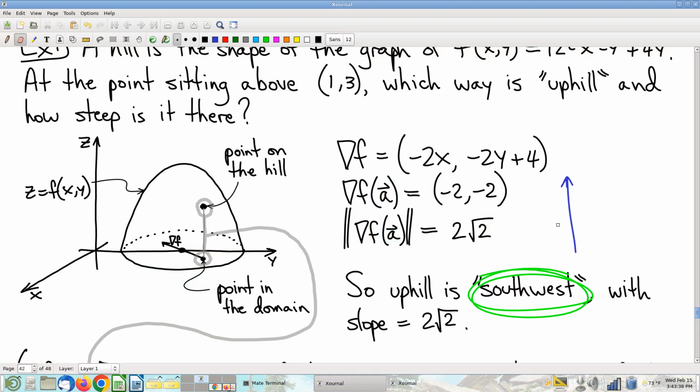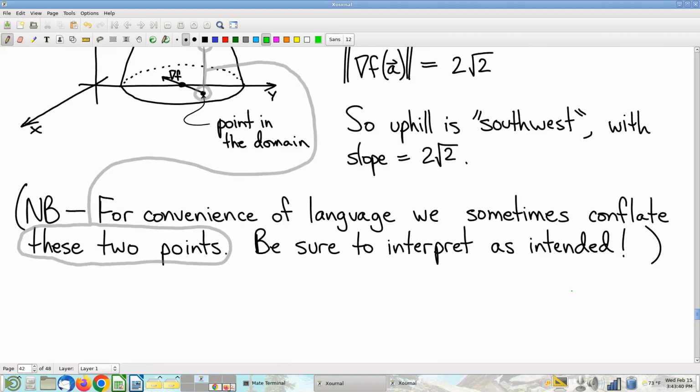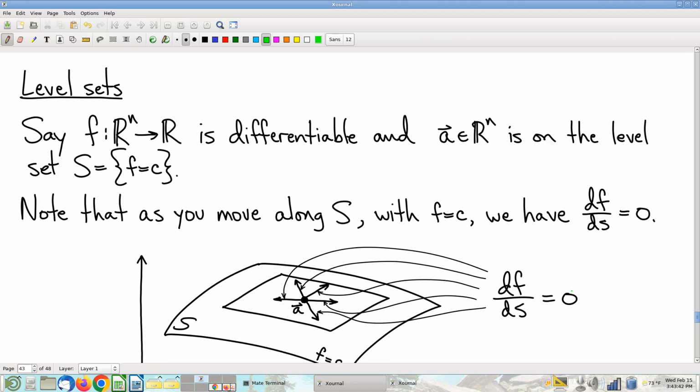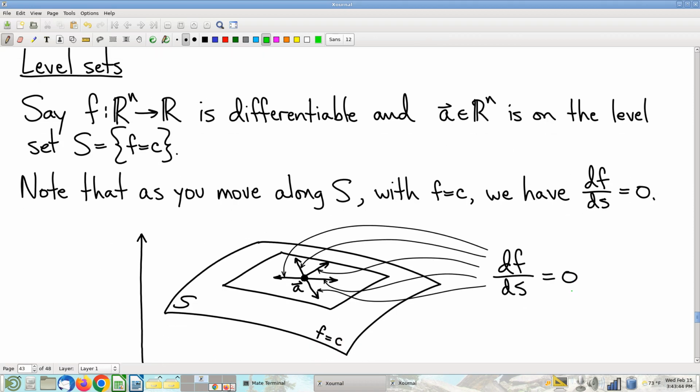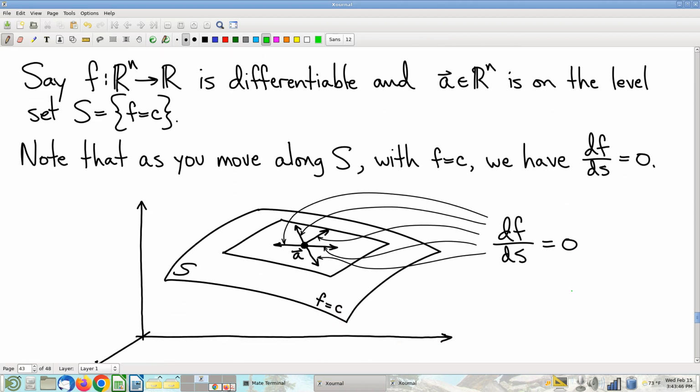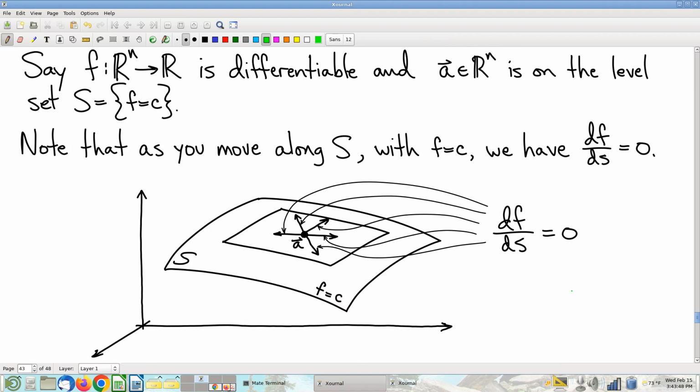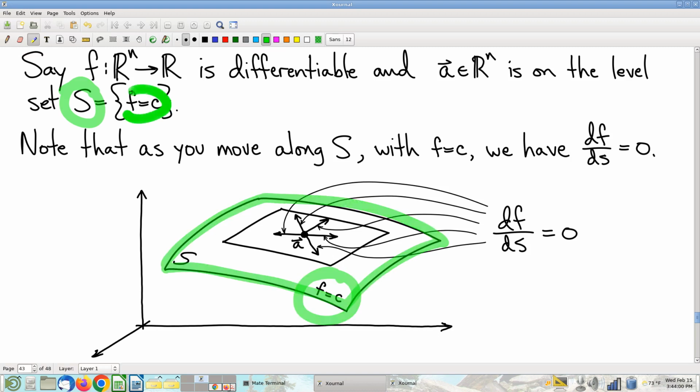Okay, so moving along, we're going to talk now about level sets a little bit, the calculus of level sets. We know very little so far about it. So let's consider a level set called S. It's the set of points where f, whatever our function f is, is equal to some fixed constant.